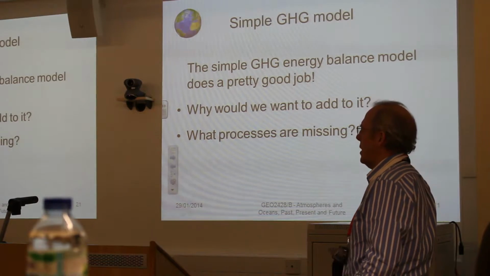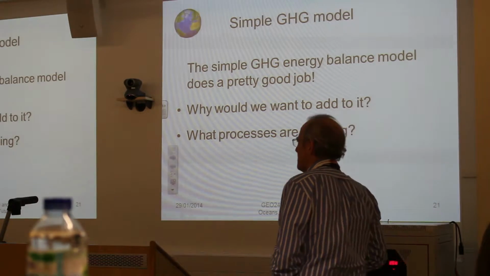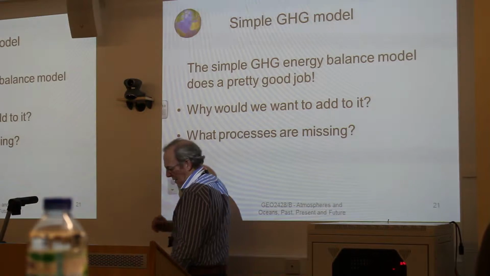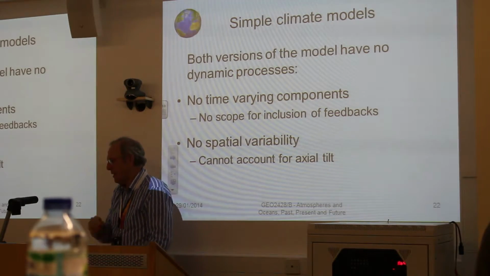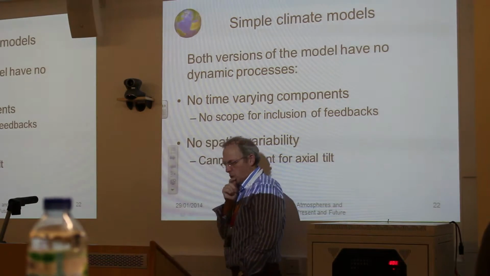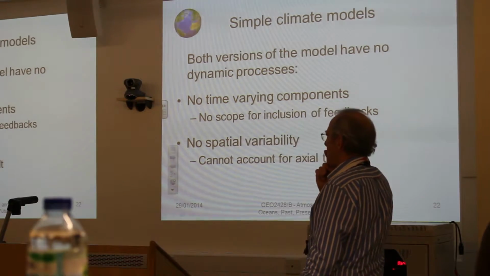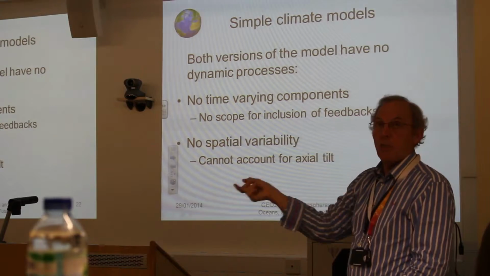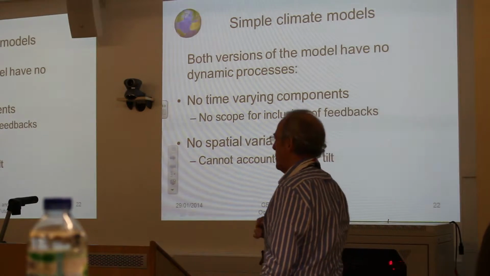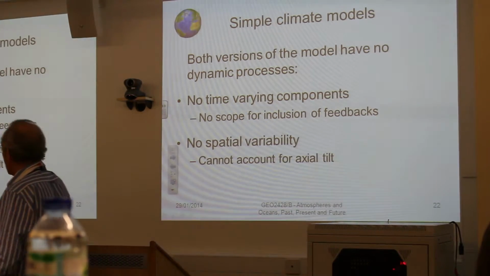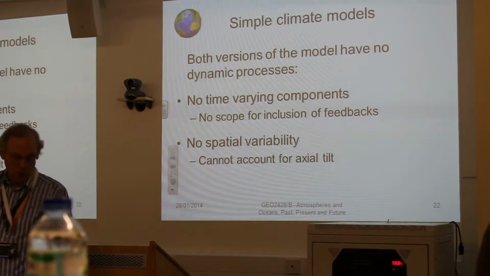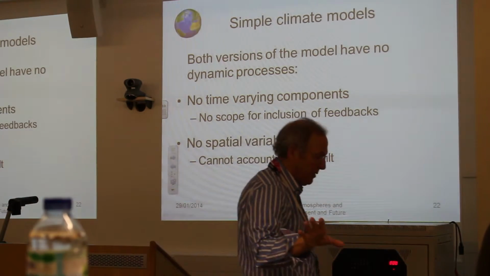Why would we want to add to it? What processes are missing? And if we think about that, we can think, right, we've got some real complications. There's no dynamism. This is a snapshot model of one simple time period. So there's no time varying components. It's not dynamic, it's static.